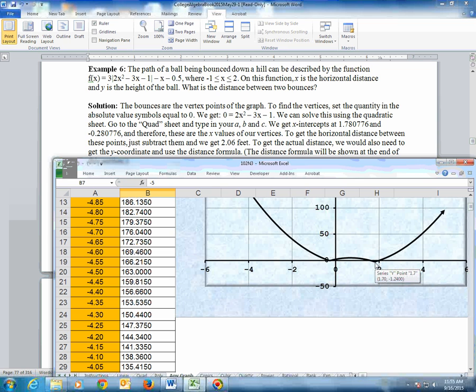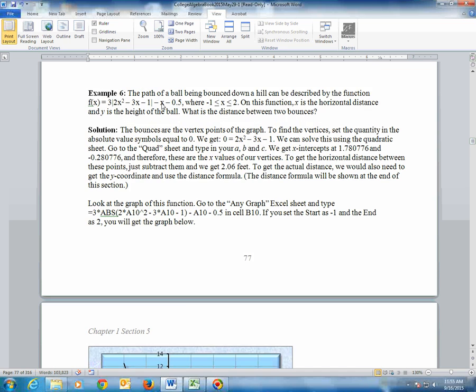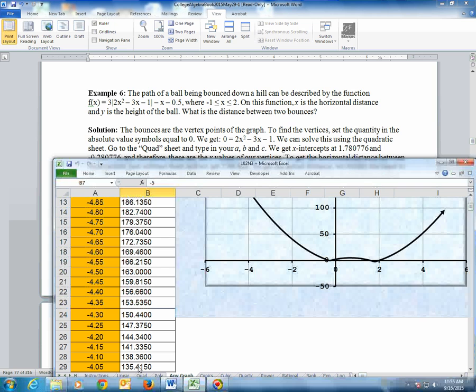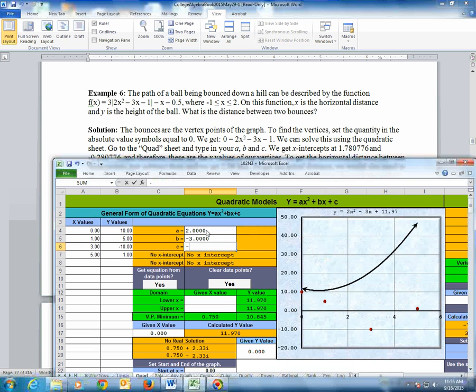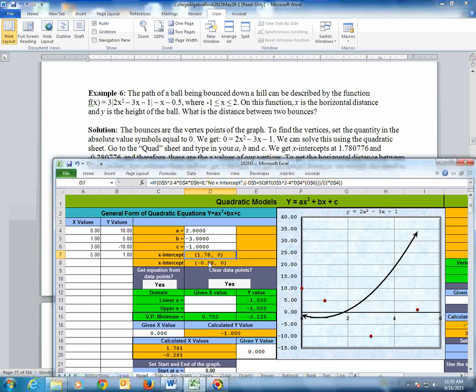Well, all I need to do, how do I get a vertex point? I get the vertex point by setting what's in here equal to 0. So really all I need to do is set 2x squared minus 3x minus 1 equal to 0 and solve it. That's a quadratic. So I can go to the quadratic sheet, put in my coefficients of 2, -3, and -1, and here's my two x-intercepts.